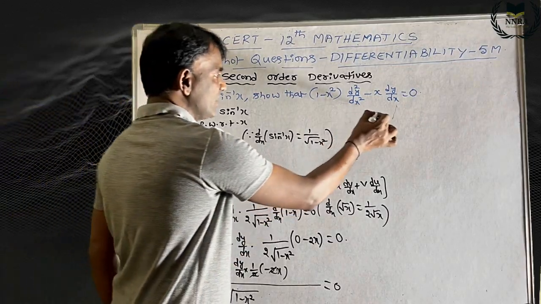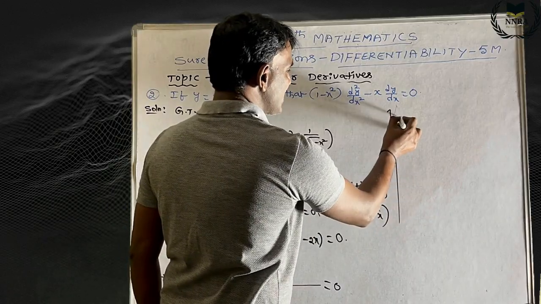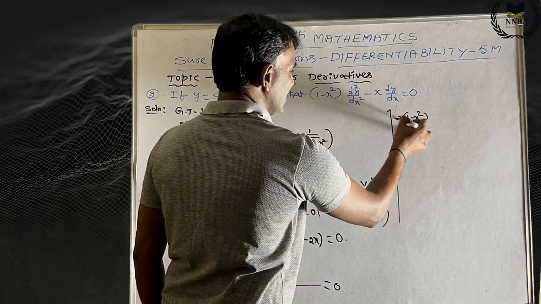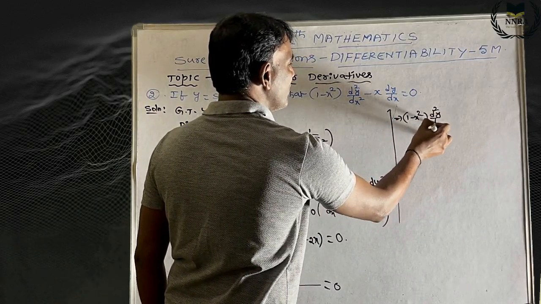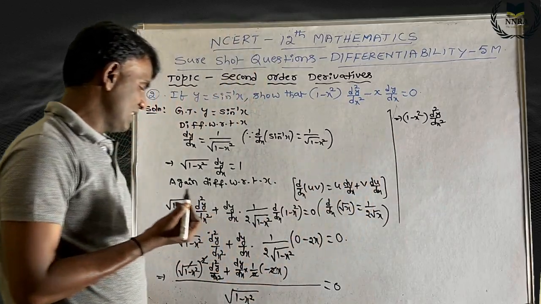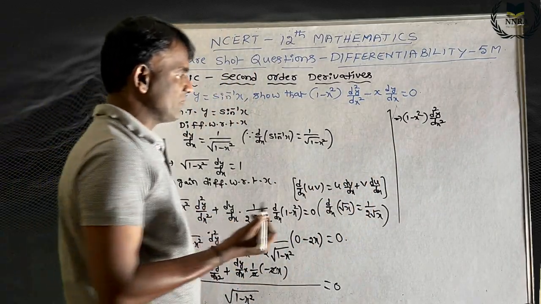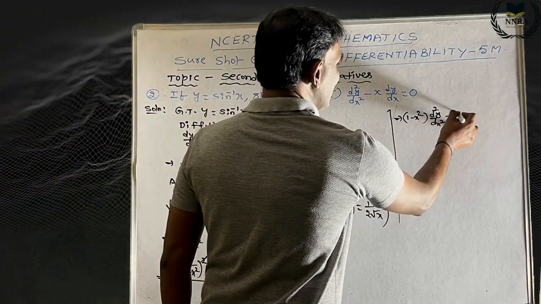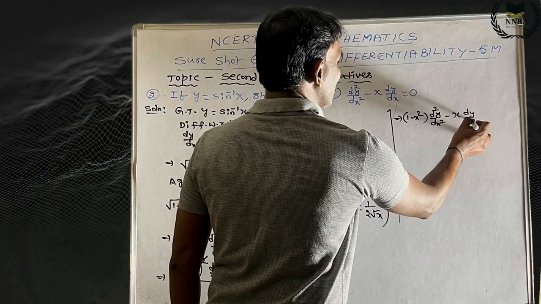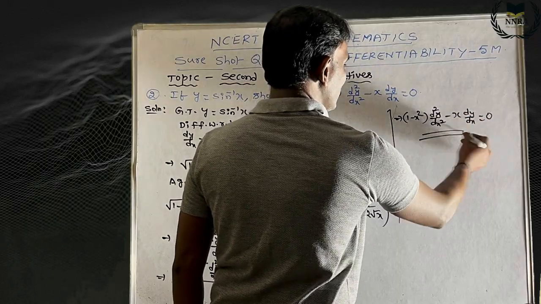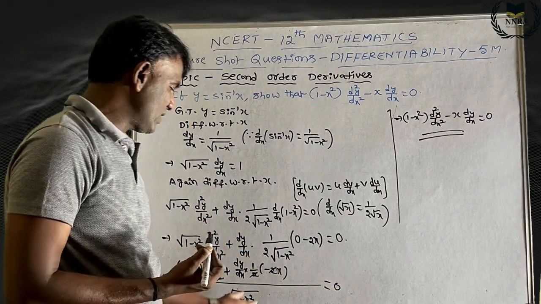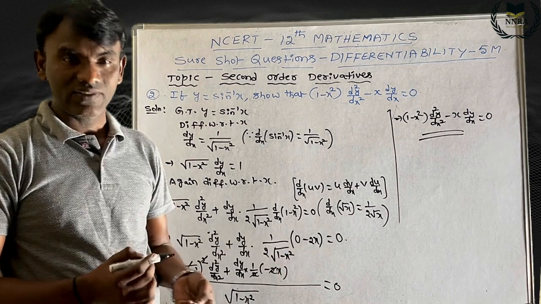What is the remaining value? So 1 minus x square into d square y by dx square. Now plus into minus, minus. Then the remaining value is x into dy by dx and it is equal to 0. Why? Because 0 into root of 1 minus x square equal to 0.